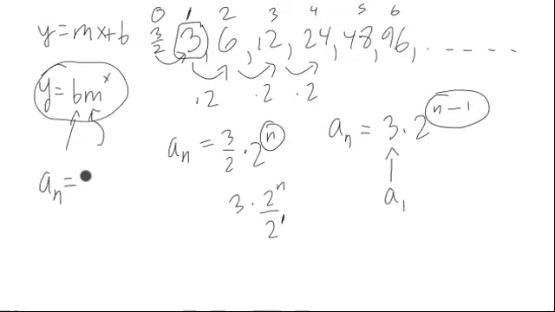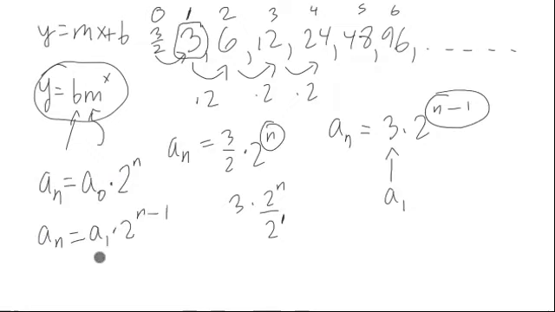We could write a sub n is equal to a sub 0, the y-intercept, multiplied by the multiplication slope, which in this case is 2, raised to the n. Or we could have written a sub n is equal to a sub 1 times 2 to the n minus 1.